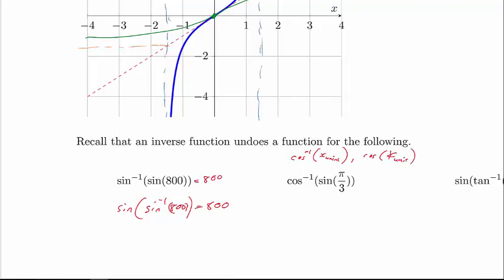Or in this case, we're looking at the sine function that's acting on an angle. So sine of pi over 3, that's the y coordinate when you're at pi over 3. That is going to be square root of 3 over 2.